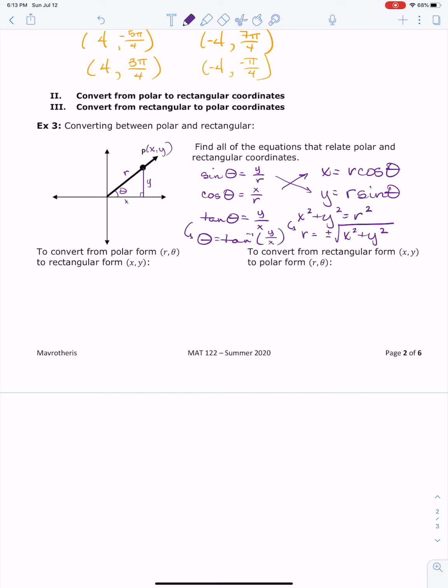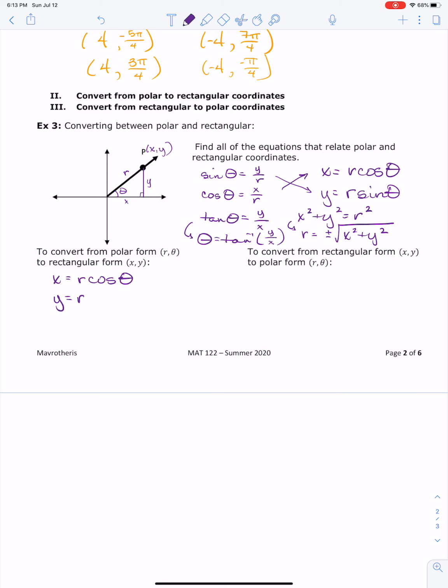So let's see what we got here. If we've got something in polar form and we want to convert it to rectangular form, I can plug in the r and the theta to find x.